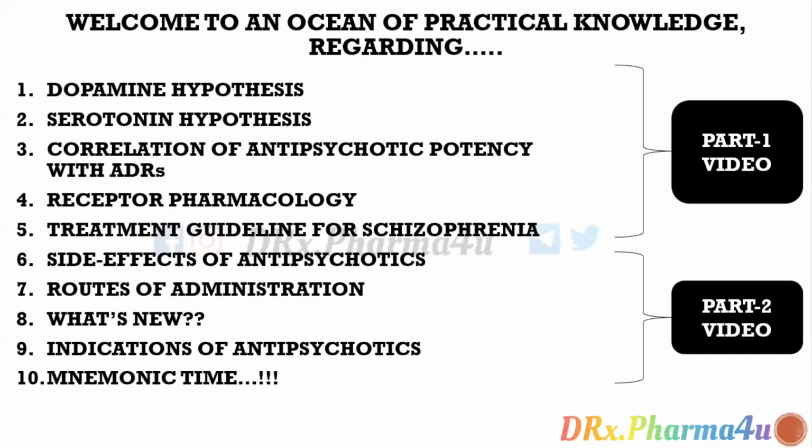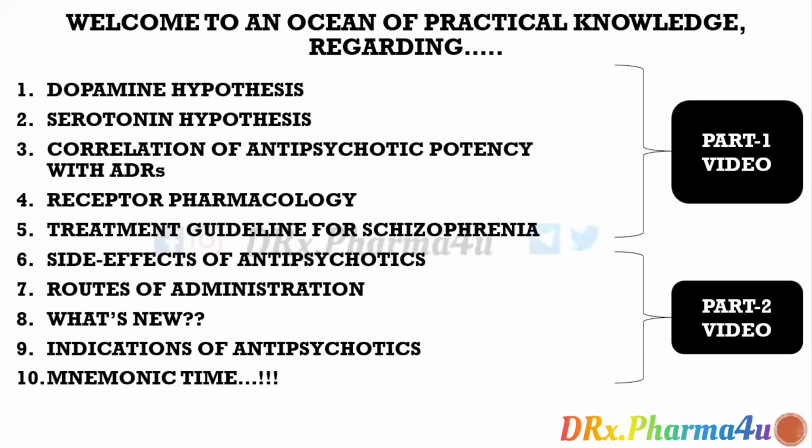So here there will be 10 things that I will be explaining. One is the dopamine hypothesis. Then we have the serotonin hypothesis, correlation of antipsychotic potency with side effects, receptor pharmacology, treatment guidelines for schizophrenia. So these are the 5 things that we will be talking about today.